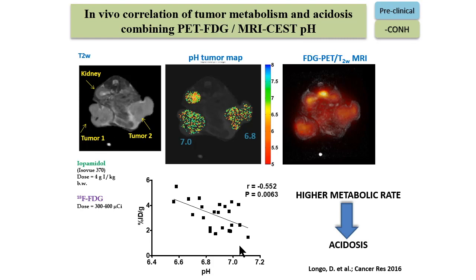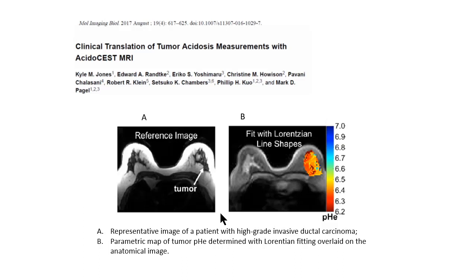So this makes us rather confident that mapping pH may be a very useful method to report on the glycolytic activity of cells, since protons have to be sent out into the extracellular environment, where an agent like iopamidol can distribute in sufficient quantities.